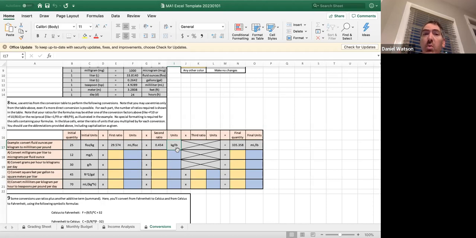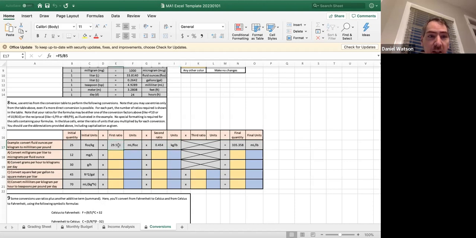So if we want to get rid of a unit, we put it in the opposite part of the fraction. If the fluid ounce is in the numerator, when we multiply, we put fluid ounces in the denominator. And if we're trying to get rid of the kilograms in the denominator, we put the kilograms in the numerator on that unit that we multiply by.